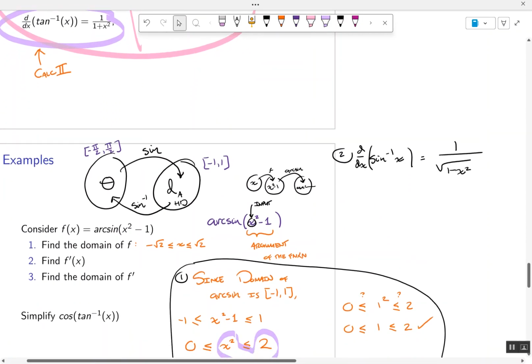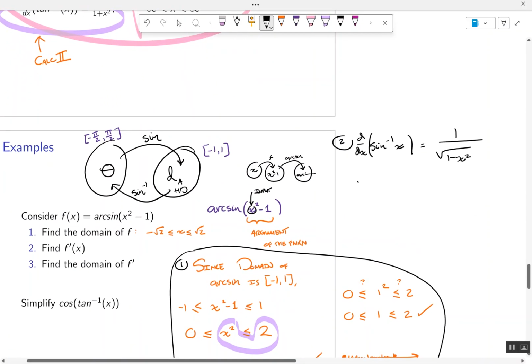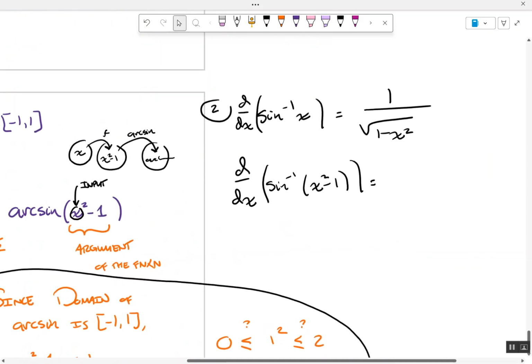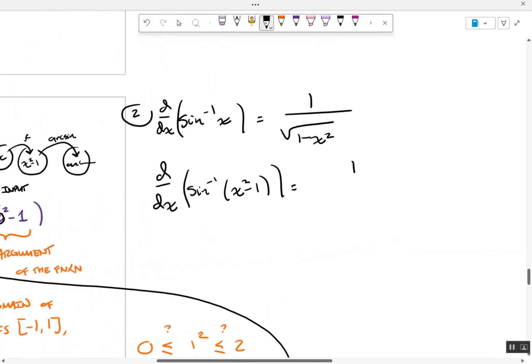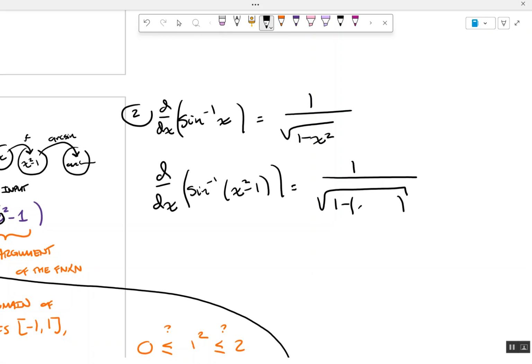There we go. Okay, so the derivative of this guy, inverse sine of x squared minus 1, is 1 over square root of 1 minus the inside function squared, multiplied by the derivative of the inside function.